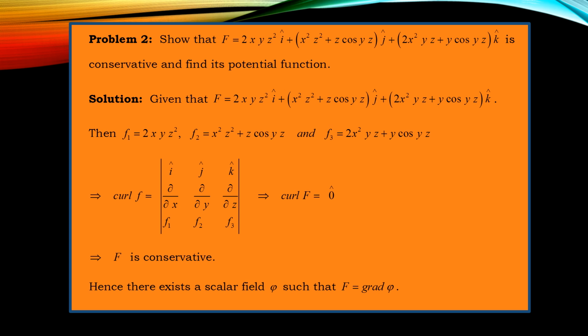So, curl F is equal to a 3 by 3 determinant: i cap, j cap, k cap on the first row, ∂/∂x, ∂/∂y, ∂/∂z on the second row, f1, f2, f3 on the third row. Instead of f1, f2, f3, we substitute their values.